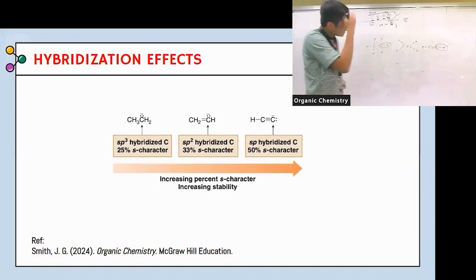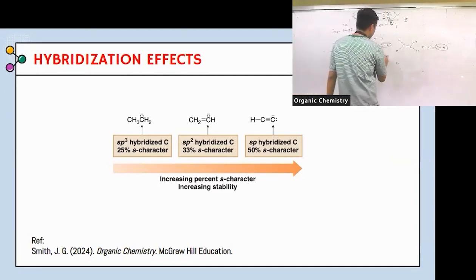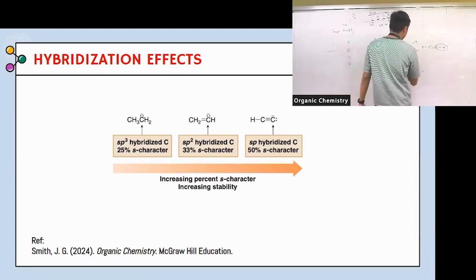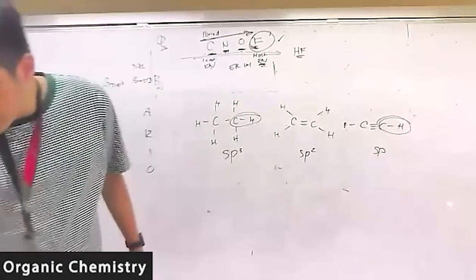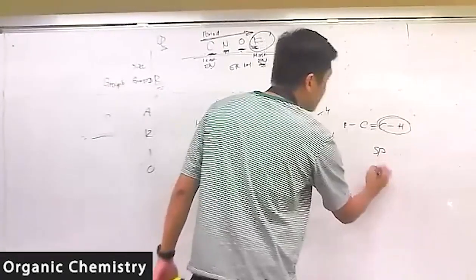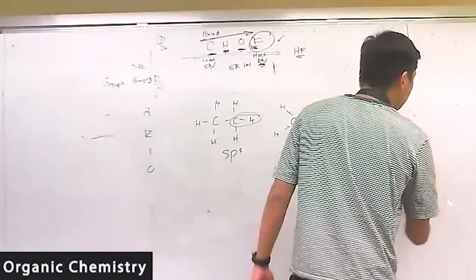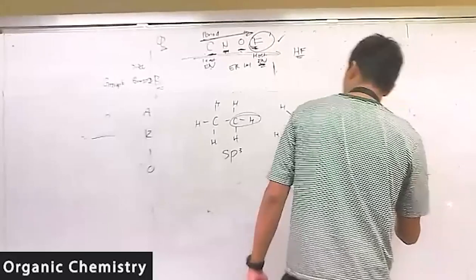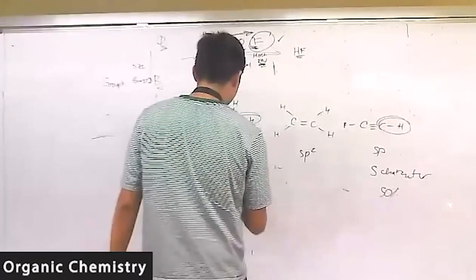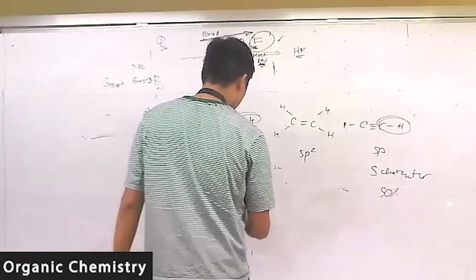I'm not sure if this has been taught to you in general chemistry, but the hybridization of this is sp3, this is sp2, and this is sp. So here we see that since there are two only, the S character is 50% here, while the S character is 25% here.